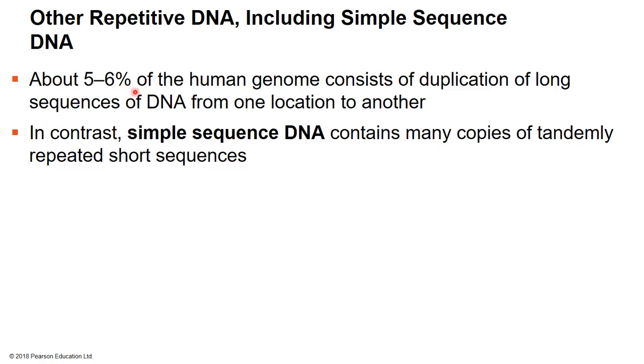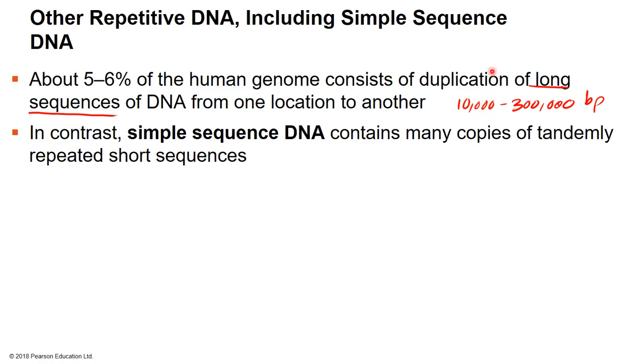Now, these long sequences, as mentioned in your book, their size ranges between 10,000 to 300,000 base pairs. So they could be duplicated. Duplicated means مضاعفة, and they could be duplicated and another copy is inserted on the same chromosome or a different chromosome.